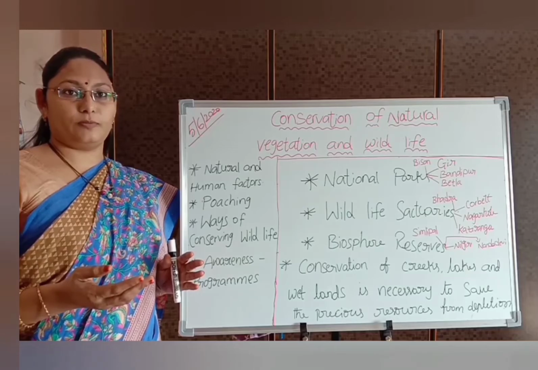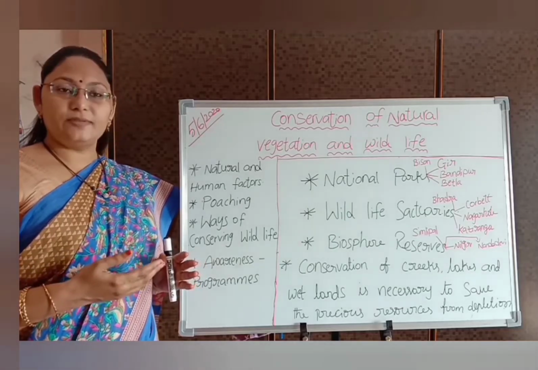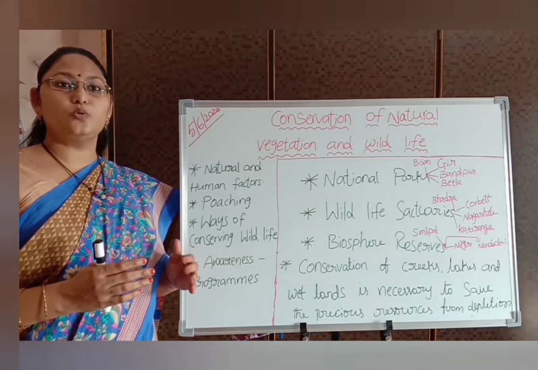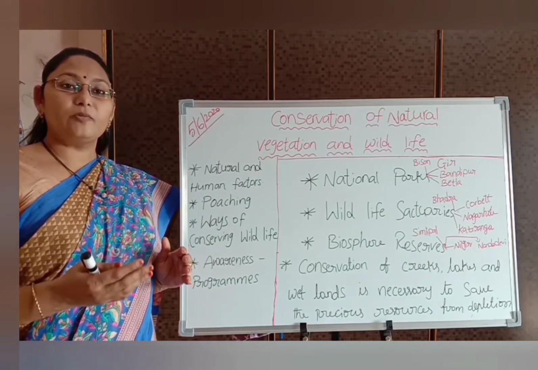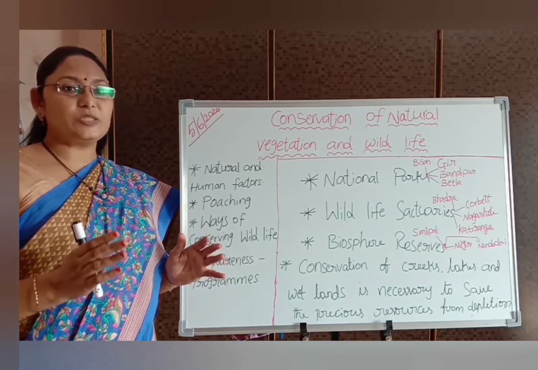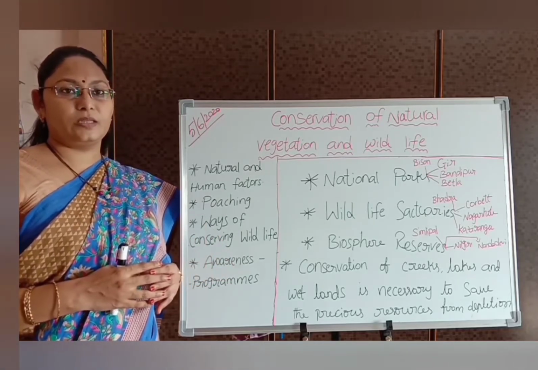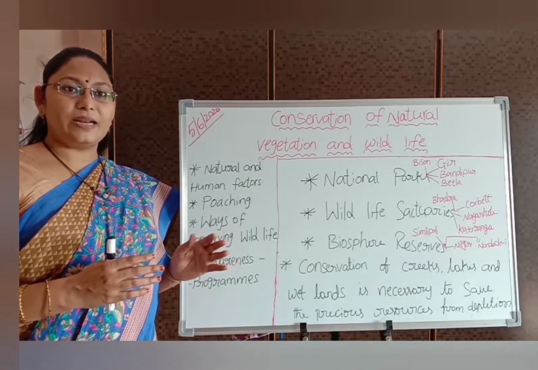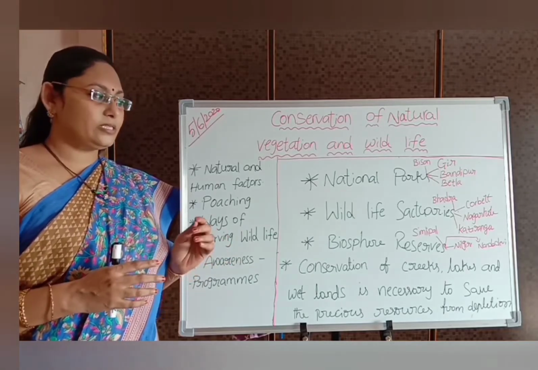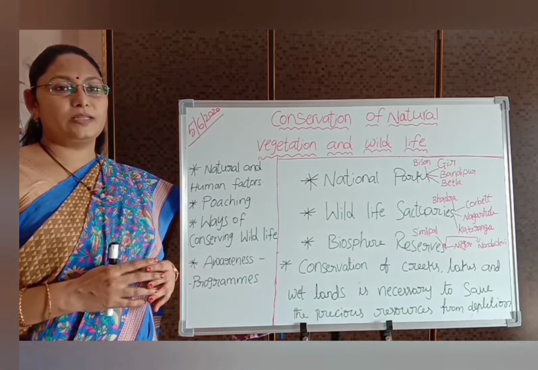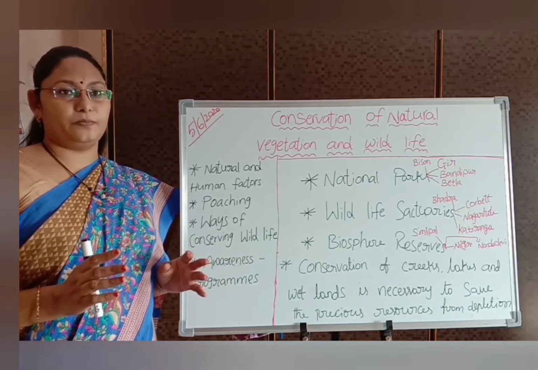A wildlife sanctuary may select one or two species of animals only and provide favorable living conditions for the particular species of animals. So in that sense, a national park is wider than a wildlife sanctuary. That is the difference between these two, but the importance of these two is the same.